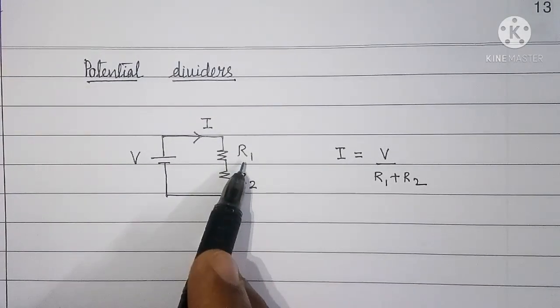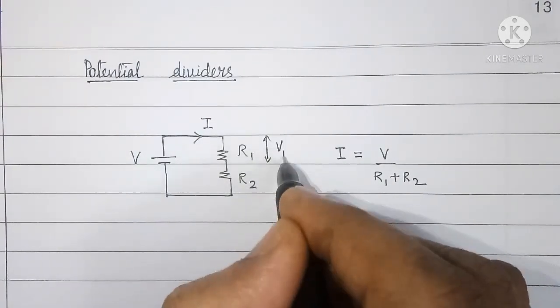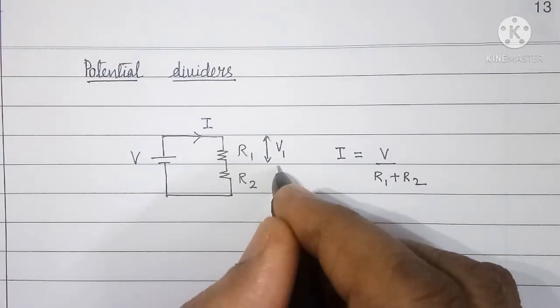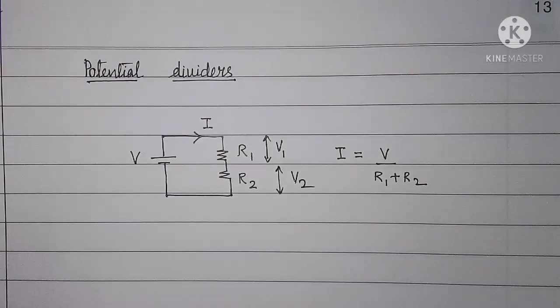Voltage across R1 is given by V1, and voltage across R2 is given by V2.